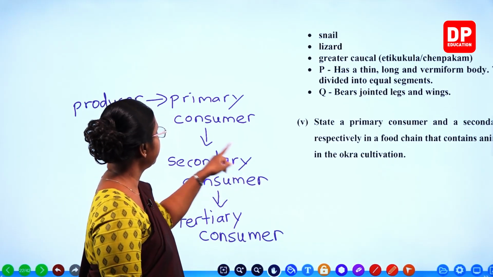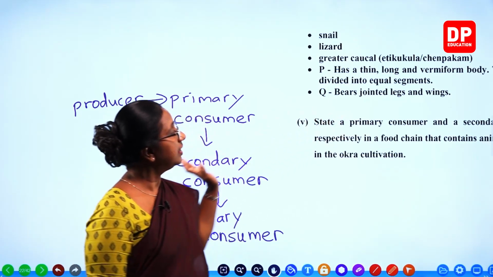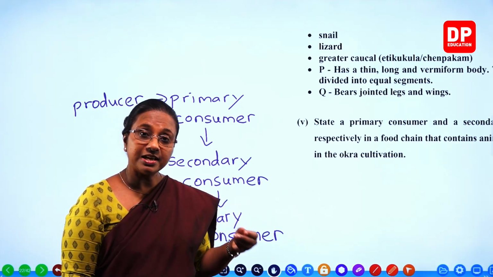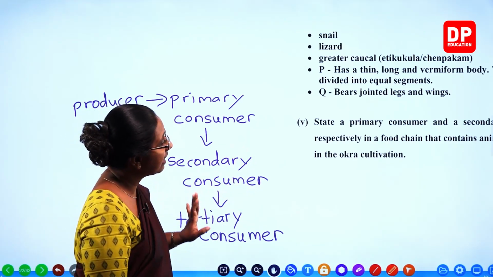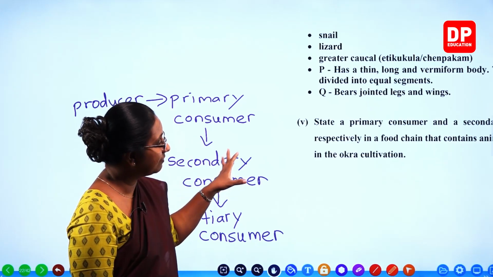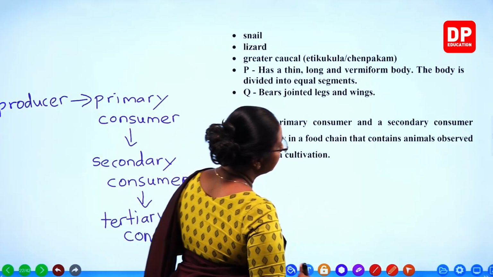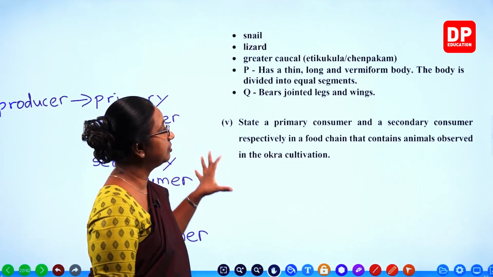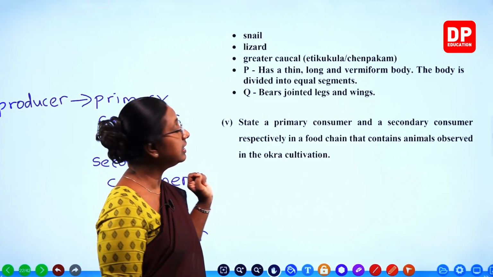So, that also can become a secondary consumer. Here we also have the annelid worm and the arthropod insect. Insects also can consume the plants, but here, since they have asked for primary consumers and secondary consumers respectively in a food chain that contains animals observed in the okra cultivation, we will stick to the other organisms, snail, lizard and greater coucal.